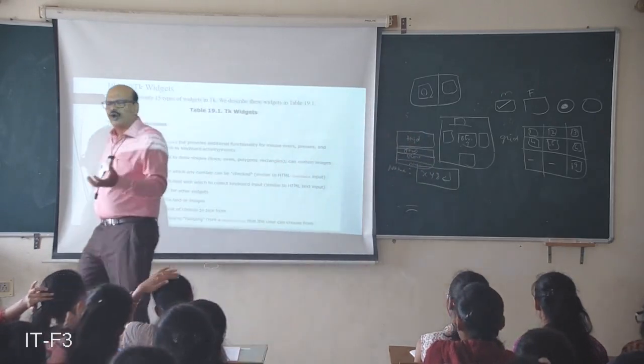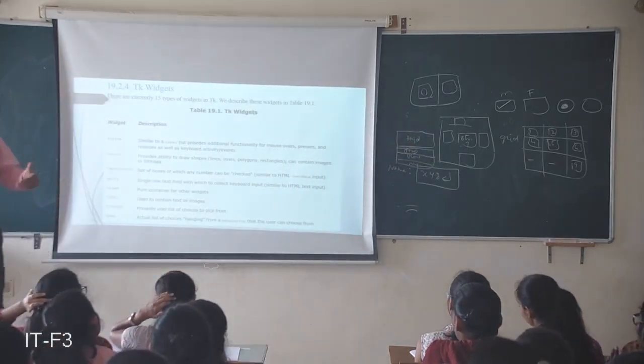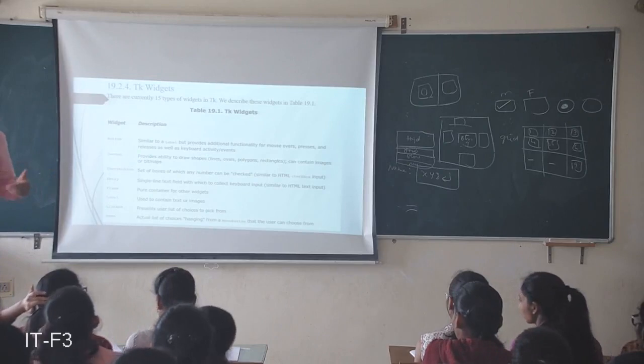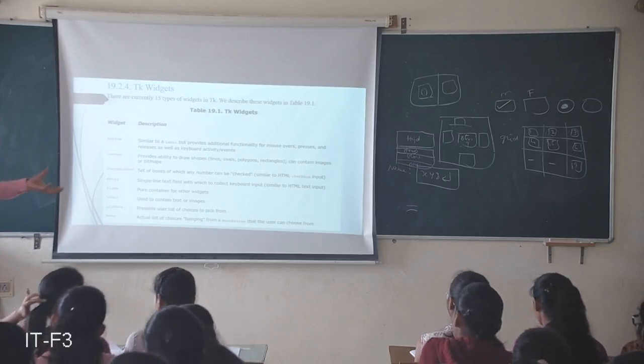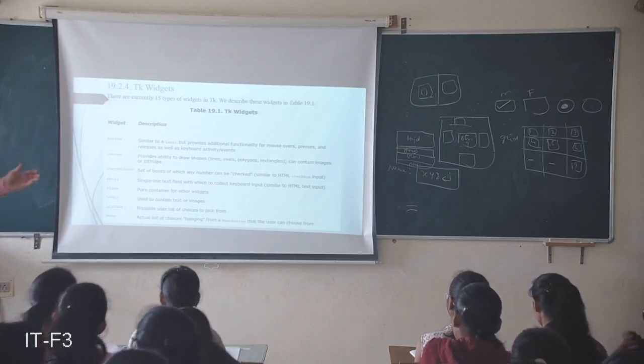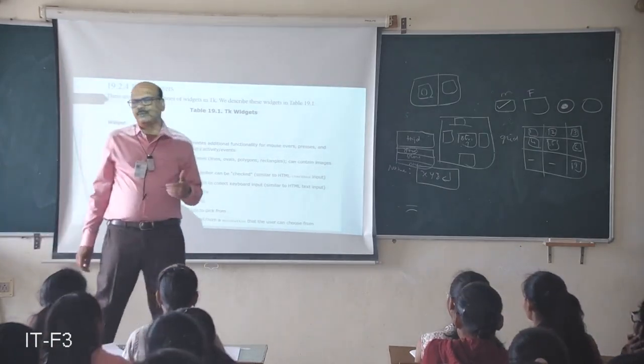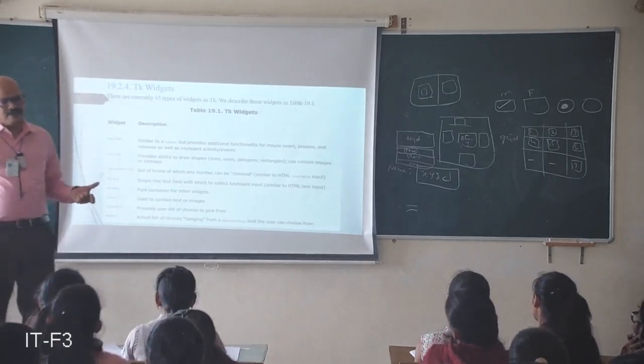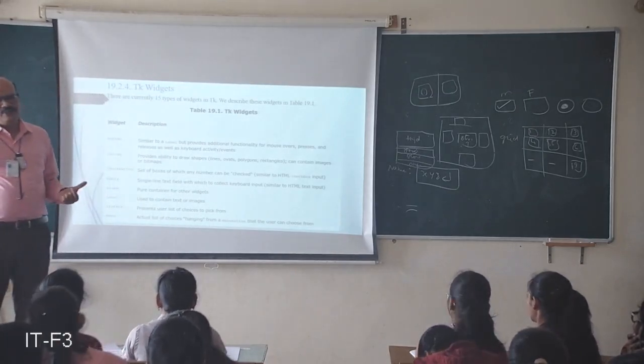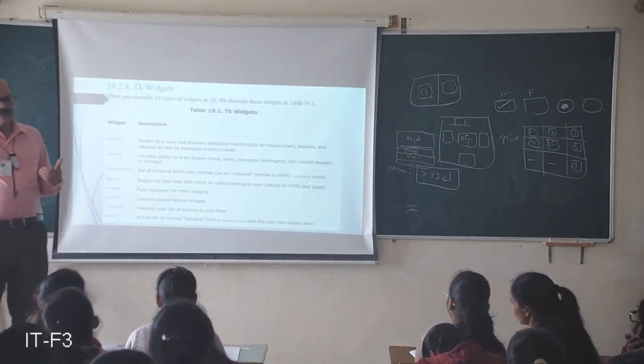So when you want to give a fixed number of choices to the user, and among them the user is supposed to select one, then you can use this list box. Whatever choices are available before the user, only from among them can he select one, only one option. If that option is not available, he cannot select.